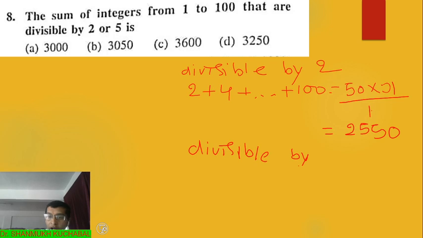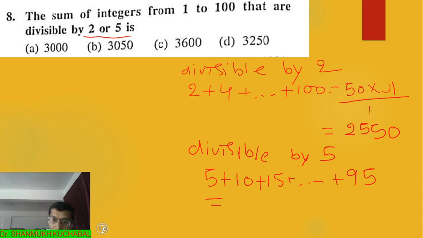Similarly, we will write the numbers which are divisible by 5. Here it is 2 or 5, so now we'll write the multiples of 5. So 5, next 10, 15, and so on, we get up to 95. Here we apply the formula, with first term 5 and last term 95.